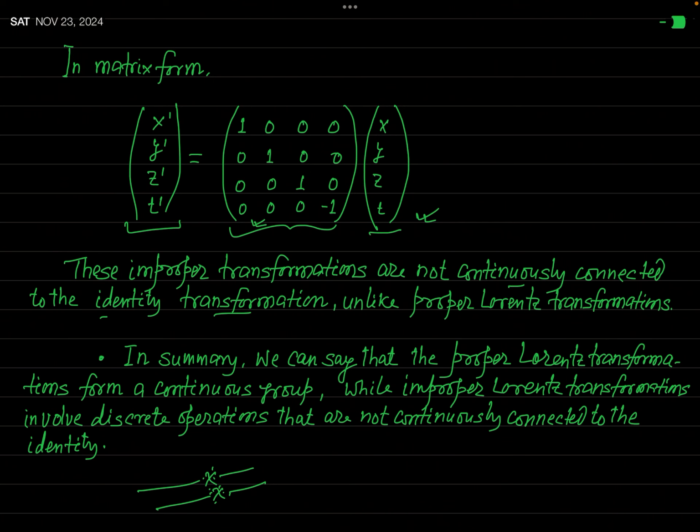Actually, in summary, we can say that the proper Lorentz transformations form a continuous group. Mark this. This is a very important question for objective type question. So, proper Lorentz transformation forms a continuous group, while improper Lorentz transformation involves discrete operations that are not continuously connected to the identity.